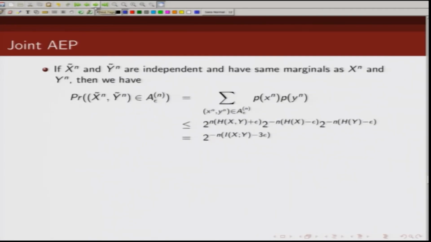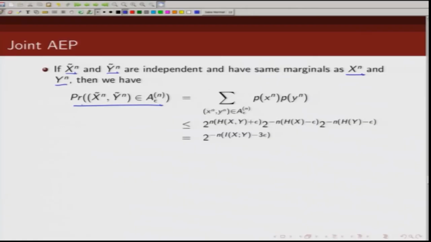The third property that we are going to prove is as follows. x^n tilde and y^n tilde are independent and they have the same marginals as x^n and y^n. Now we want to find out, if we independently take x^n and y^n, what's the probability that they belong to the jointly typical set.